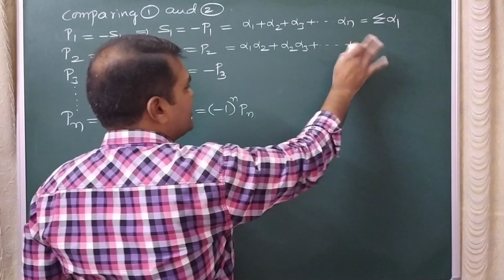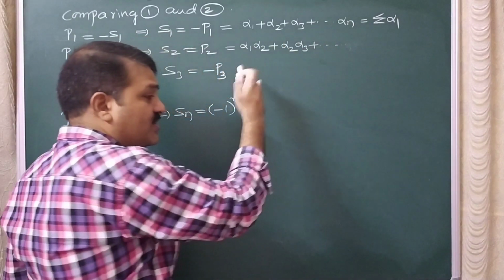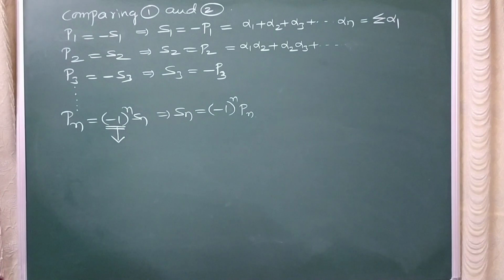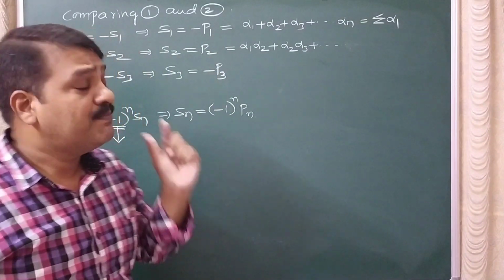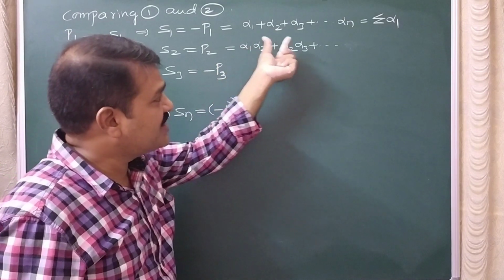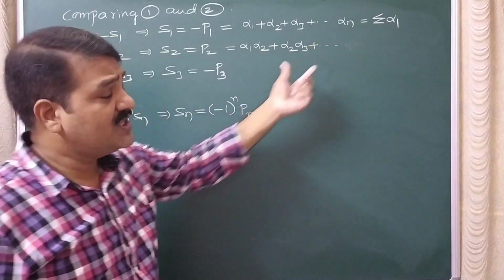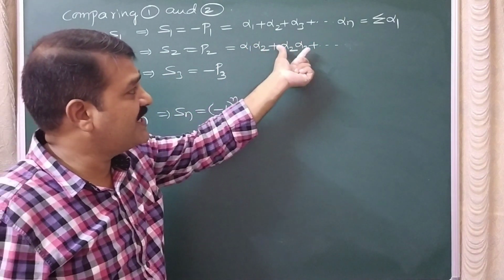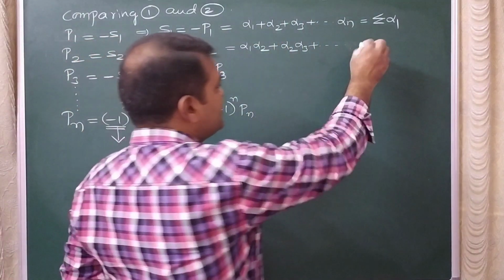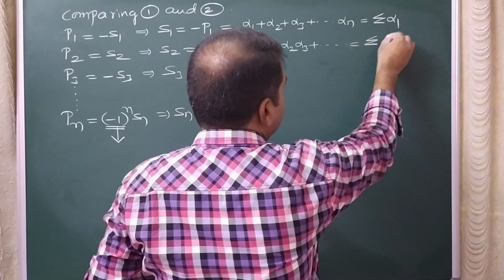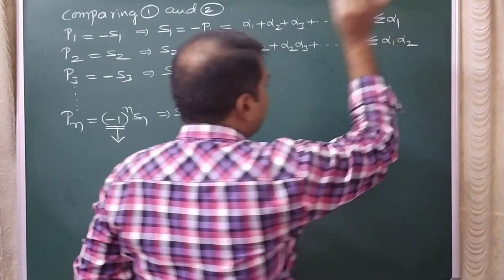Proceeding like that, because I don't want to write the last term, as in symmetric form terms will come. So S2 is the sum of the products of the roots taken 2 at a time. See, you have to take the products taken 2 at a time. So sum of the products taken 2 at a time we can simply write as sigma alpha 1 alpha 2.